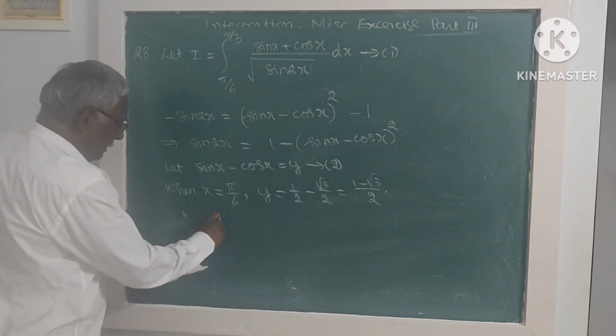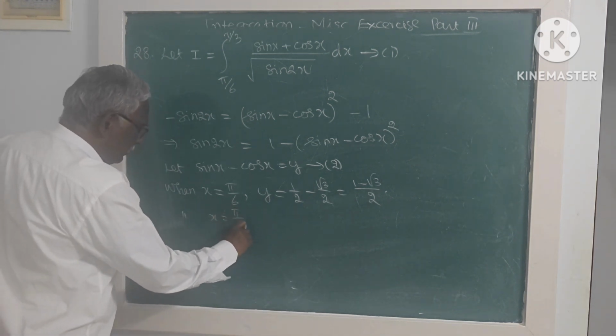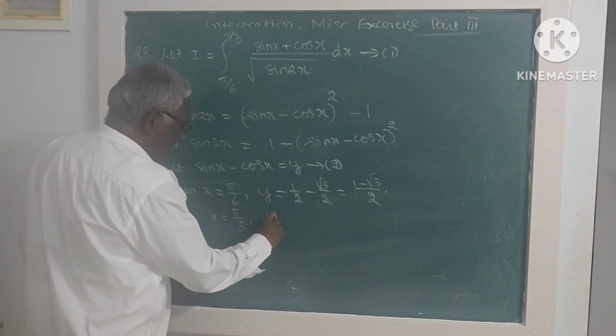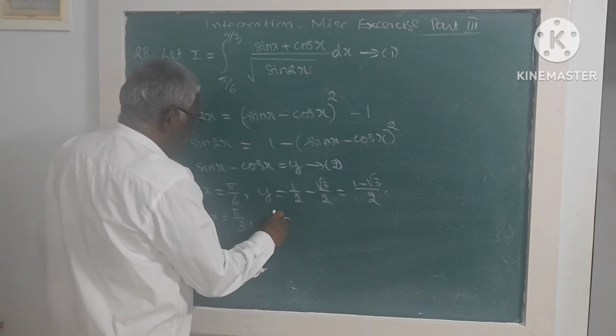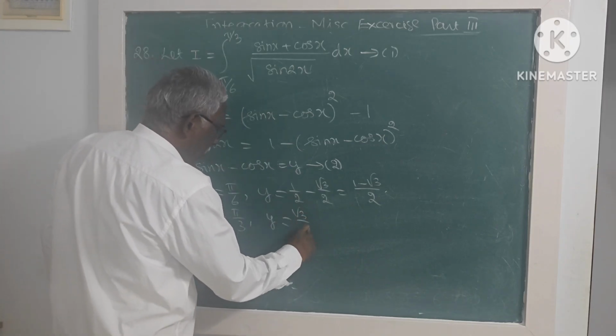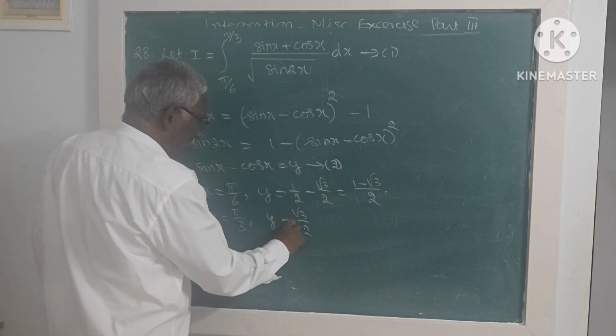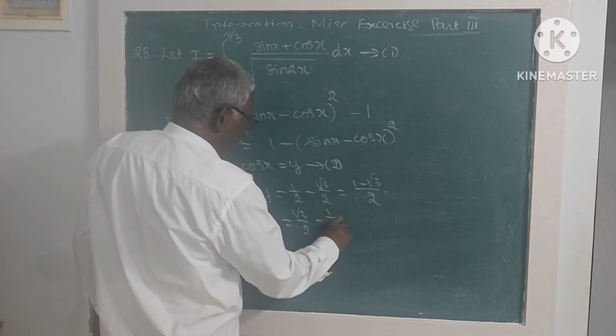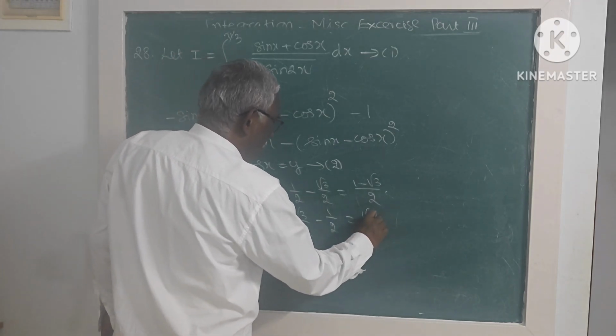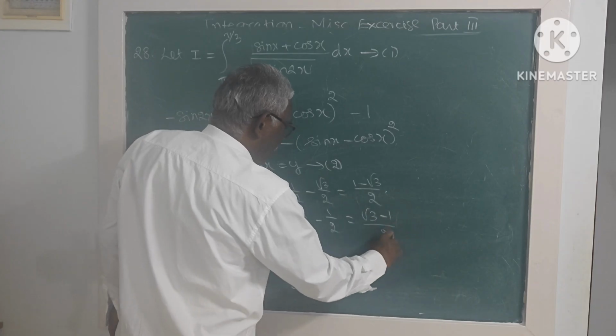When x is pi by 3, 60 degrees, sin 60 is root 3 by 2, cos 60 is half, so it becomes root 3 minus 1 by 2.